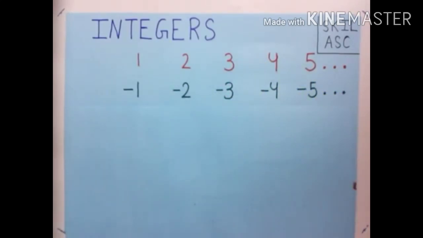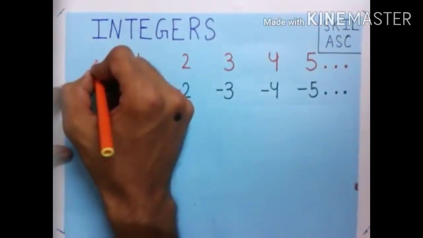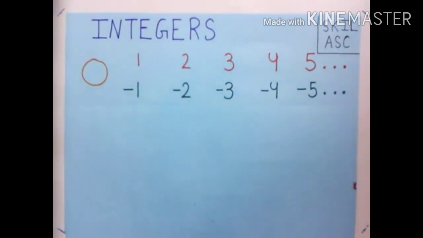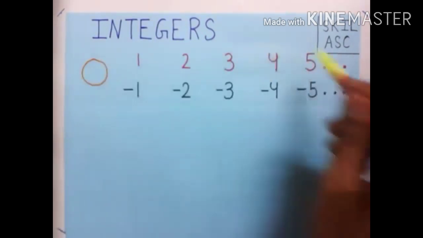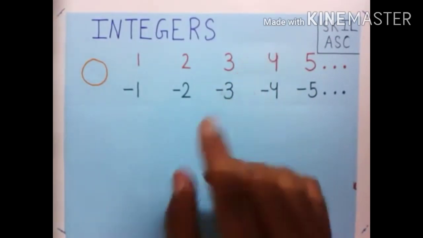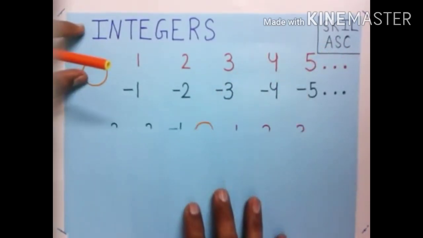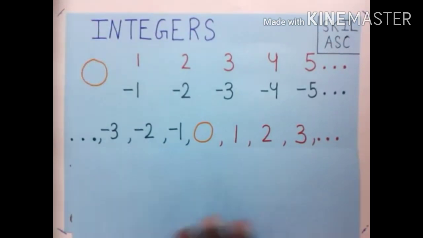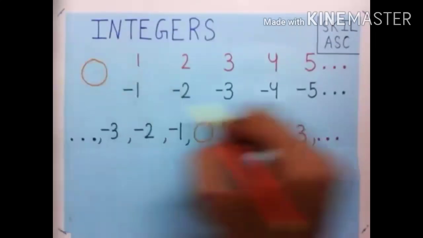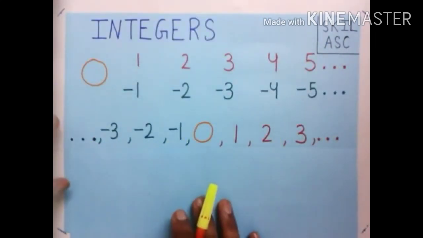Now I have one more number which is a very special number. You see, 0. Now what I will do next is write all these numbers in a single list, and I will get a new list of numbers like this.